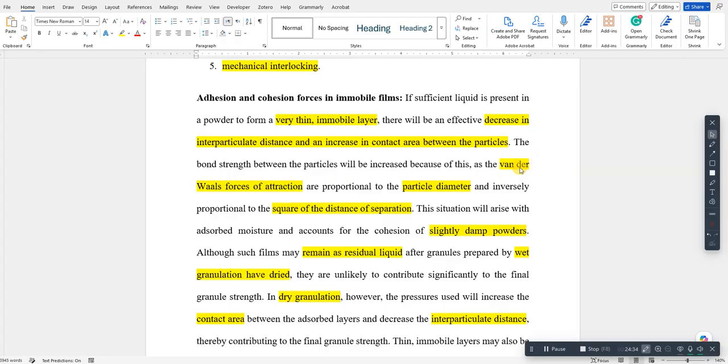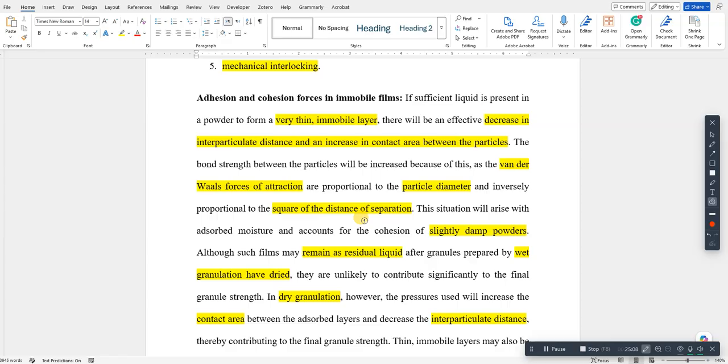The main force of attraction is van der Waals forces, and you should know that van der Waals forces are proportional to particle diameter and inversely proportional to the square of the distance of separation between the particles. This indicates that the distance is very important between particles.